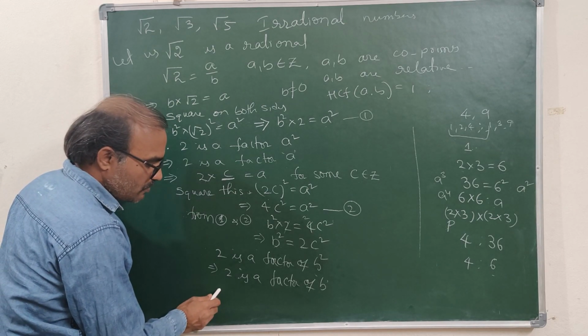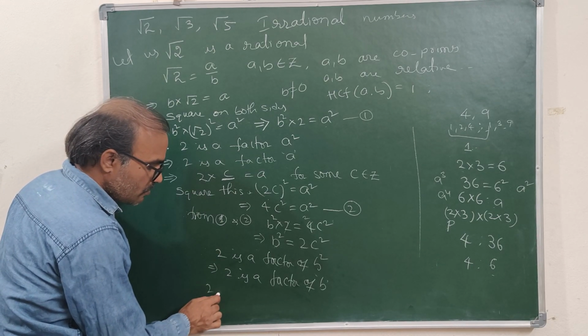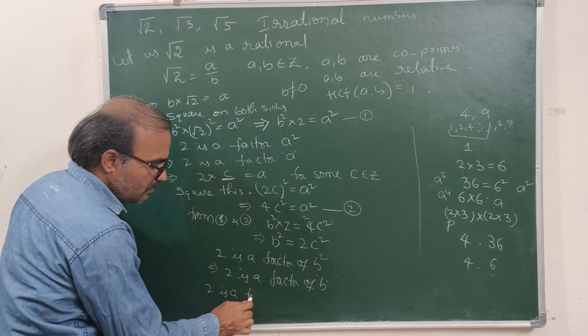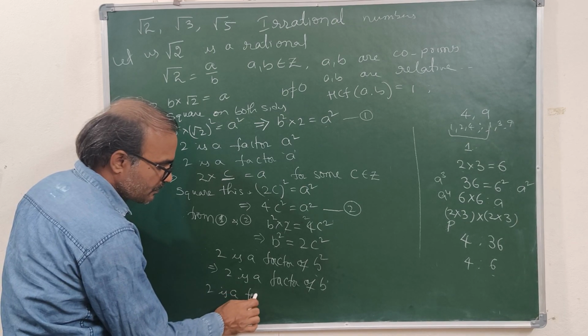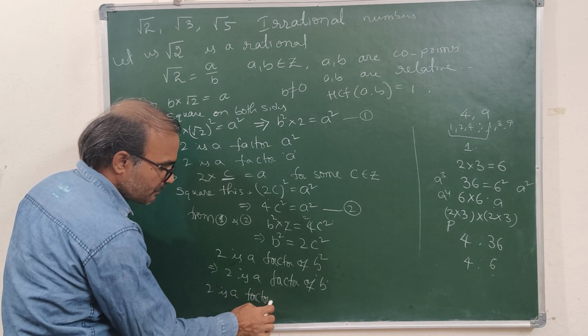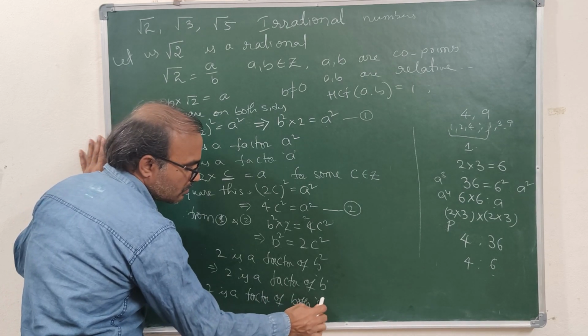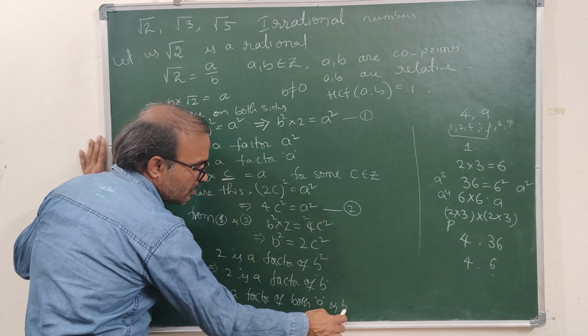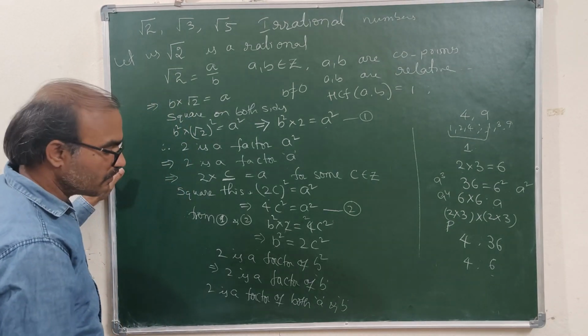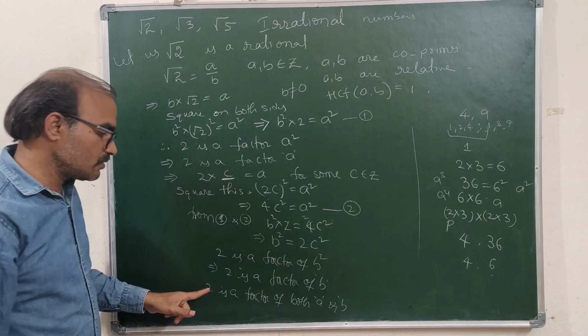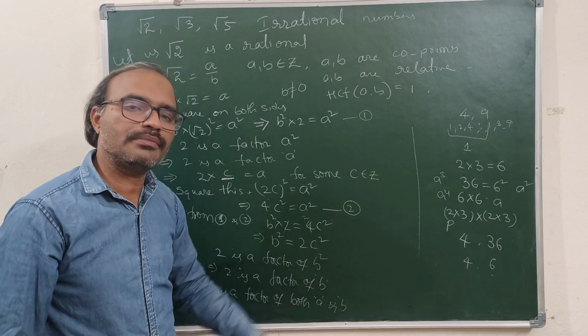So therefore 2 is a factor of both a and b, right? We got 2 as a factor for both a and b.